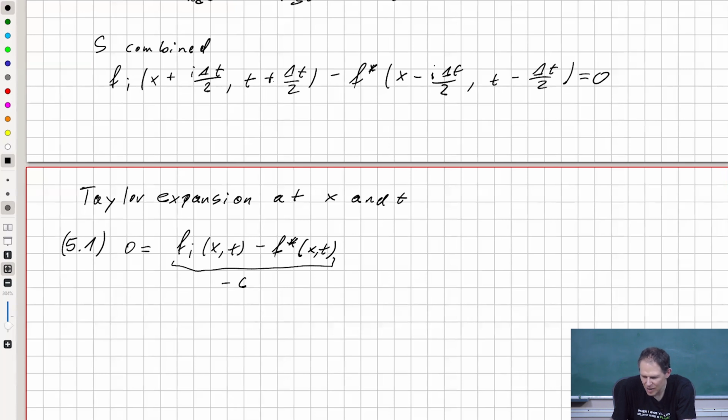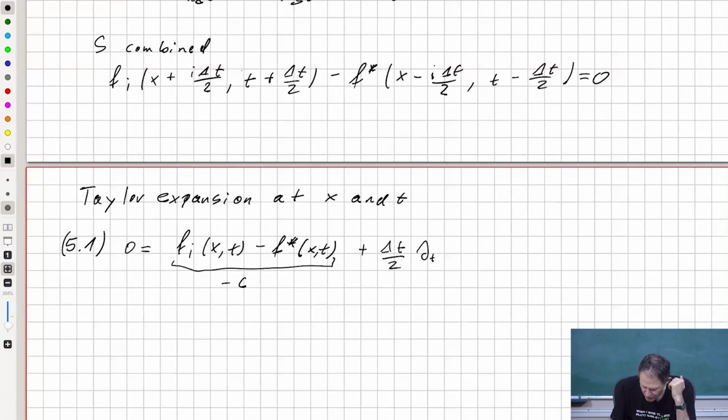Now, these things here are not at x and t, but they are both slightly off, and the one is going in positive direction and the other one is going in negative direction, meaning that we have to have this multidimensional Taylor expansion where we go to Δt/2. So this is the amount that we are moving in time.